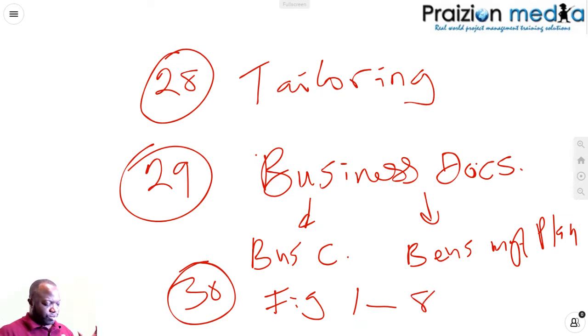You can see where the business case and the benefits management plan are introduced. These come in before the project is authorized, and then you have the starting of the project. So the business documents contribute to the project charter, which contributes to the project management plan. So that's a really good one to look at as well on page 30.